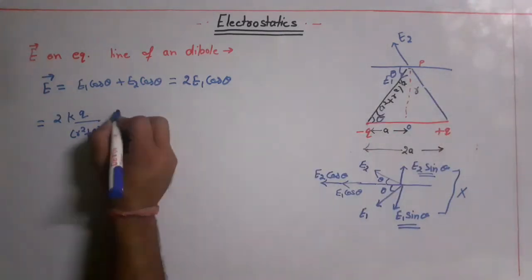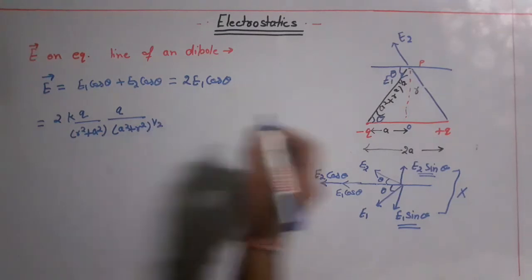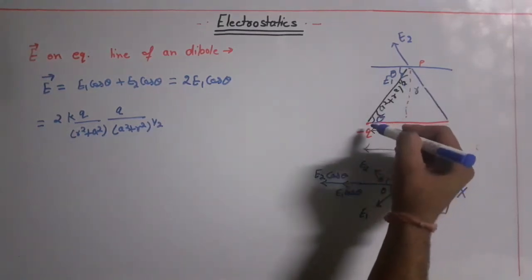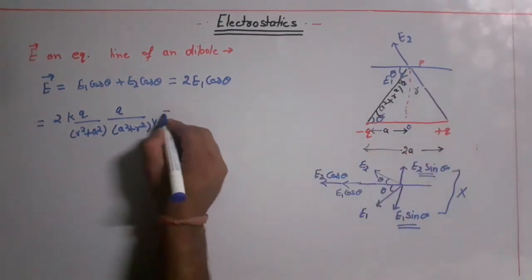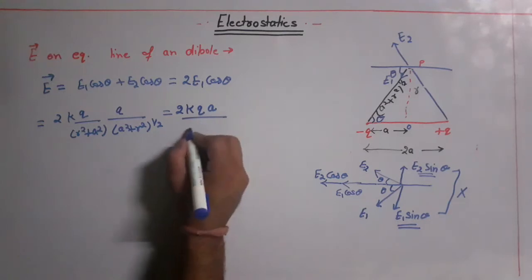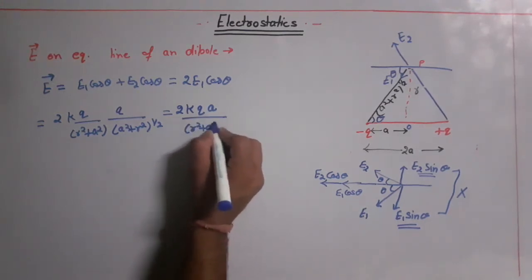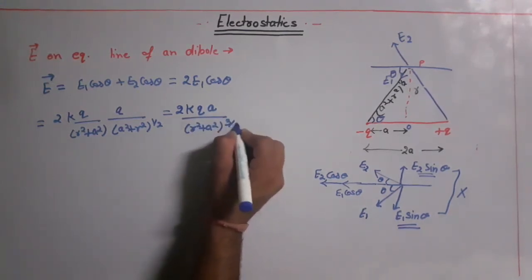Cos theta will be equal to a divided by a square plus r square raised to the power half, base divided by hypotenuse. If we solve this, we will get 2kqa divided by r square plus a square raised to the power 3 by 2.